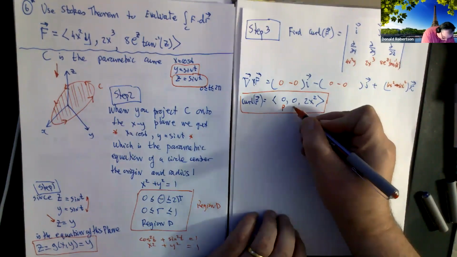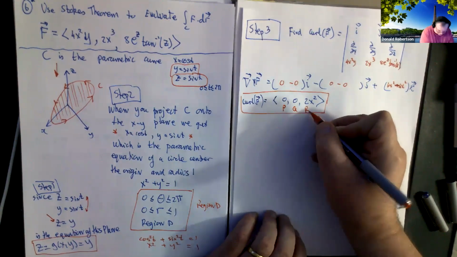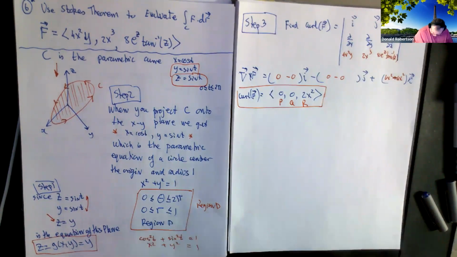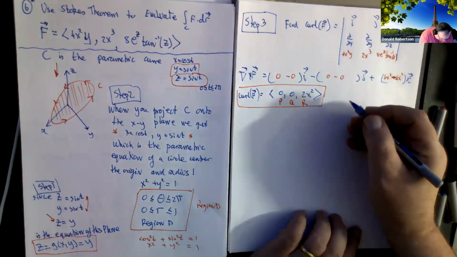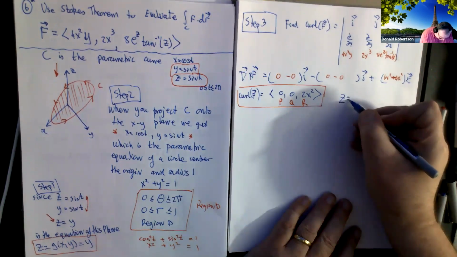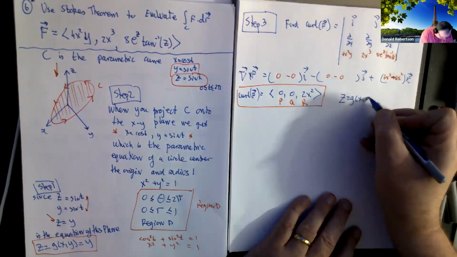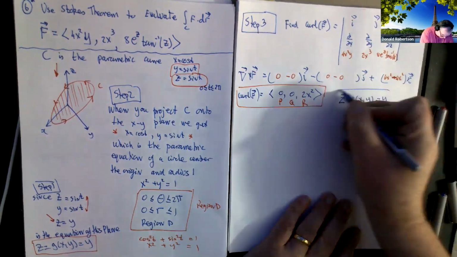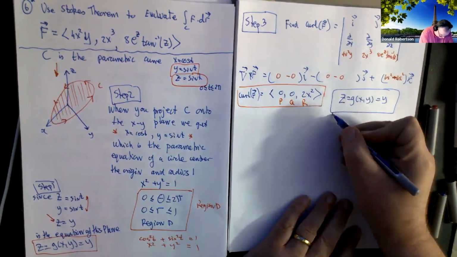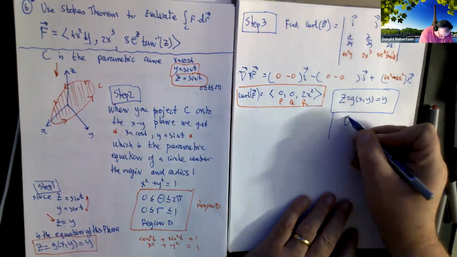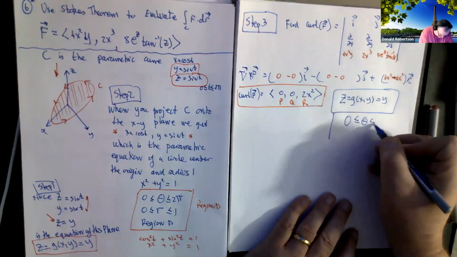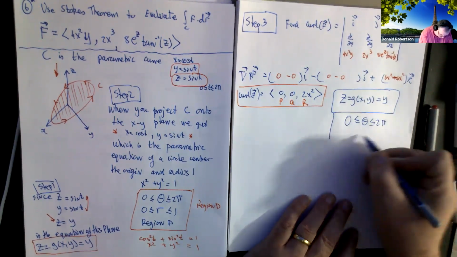This is P, this is Q, and this is R. And we like zeros. And I'm going to write next door to it, Z, which is this fella, XY, is Y. So that's good. And I'll write down what region D is as well. I'm just trying to put everything in one place.